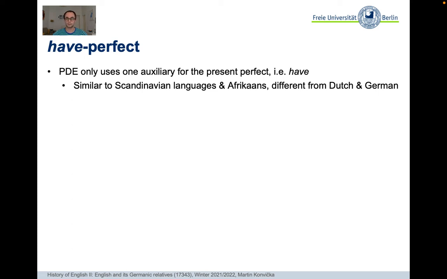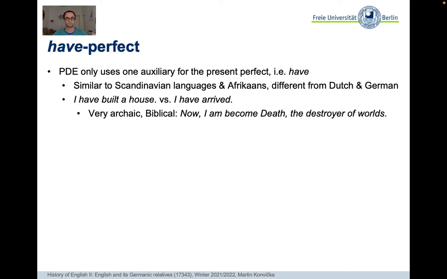This is something that's unlike the Dutch and German situation, where there are two different auxiliaries, have and be. So in present-day English, we have I have built a house alongside I have arrived. So in both contexts here, we see the same auxiliary.